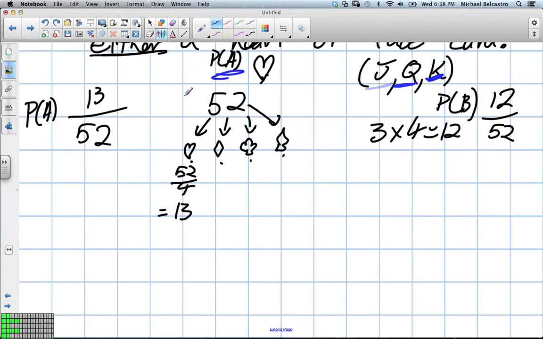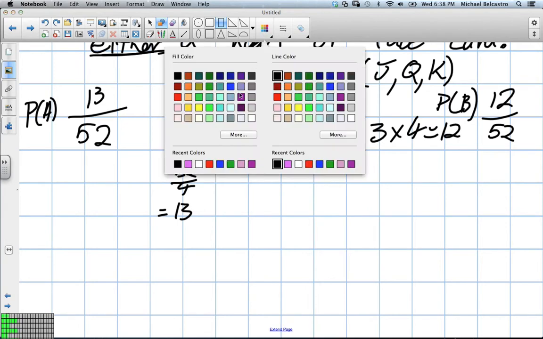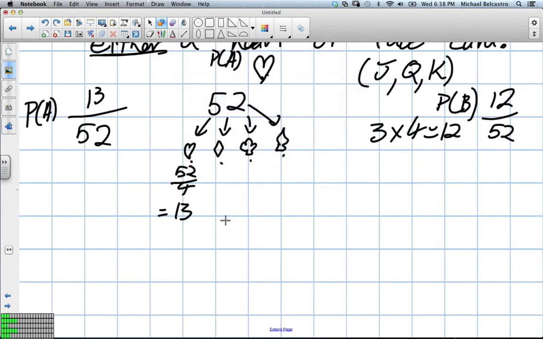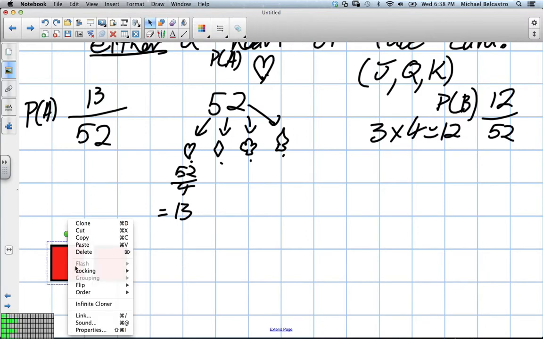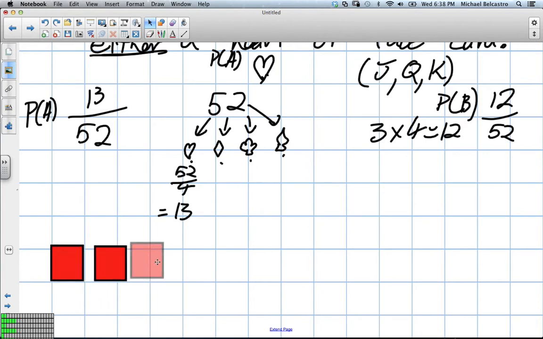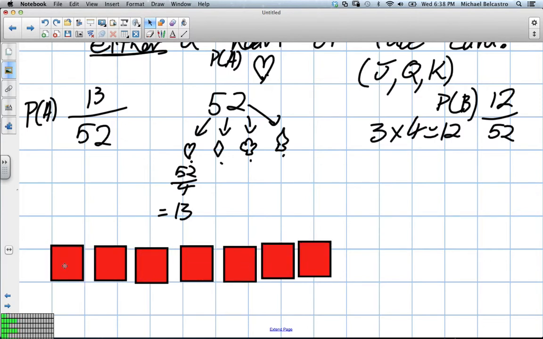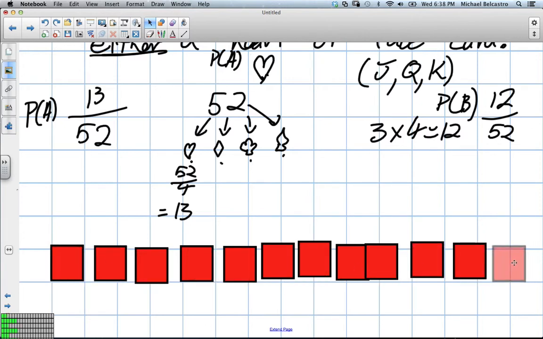So for instance, let's say we have a whole bunch of cards. I'm going to quickly represent 13 red cards: 1, 2, 3, and so on up to 11, 12, and 13.